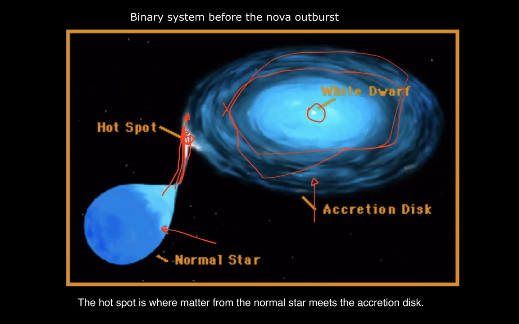So the hotspot is where the matter from the normal star meets the accretion disk, and combining both these stars, we call this a binary system, right? You will learn probably at the end of this lecture series, when you have two stars together, we call them a binary system. So this is one kind of binary system.